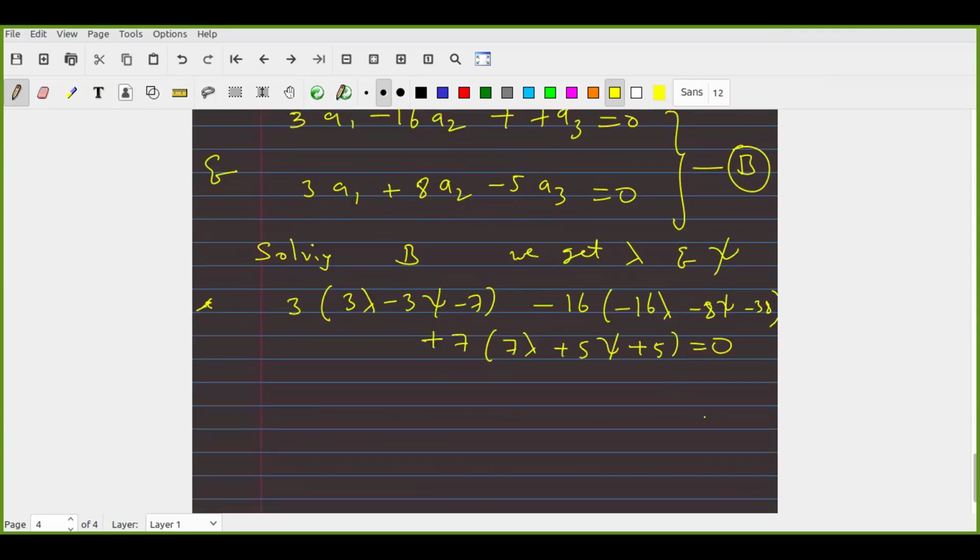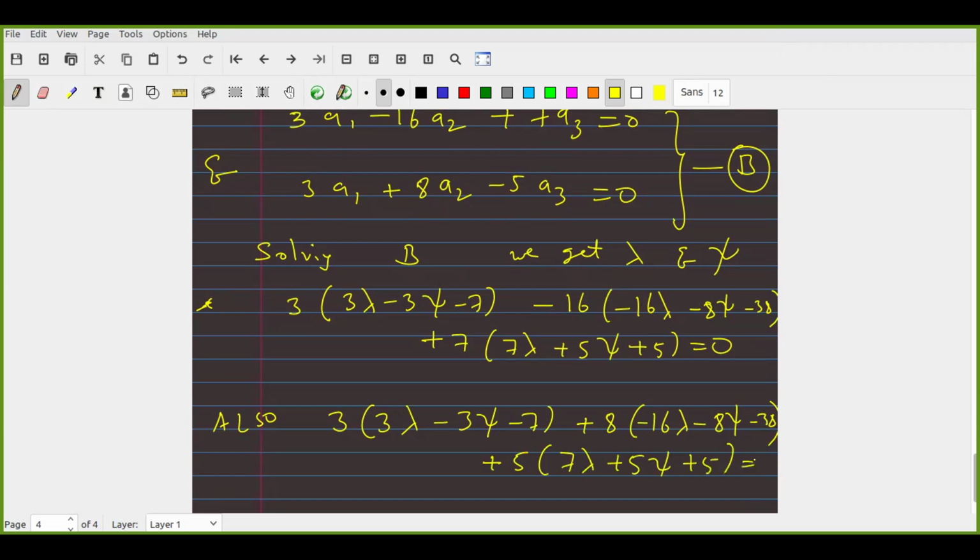I'm substituting these values of A1, A2, A3. This is my equation 1 in system B. Also, 3 times (3 lambda minus 3 psi minus 7) plus 8 times (minus 16 lambda minus 8 psi minus 38) plus 5 times (7 lambda plus 5 psi plus 5) equal to 0.